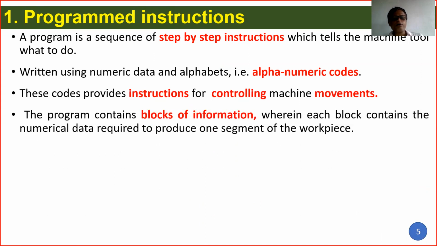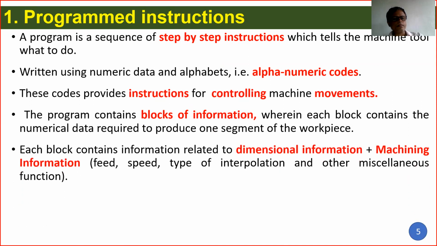The program contains blocks of information where each block contains the numerical data which is required to produce one segment of the workpiece. Each block contains the information related to the dimensions and also the machining information.